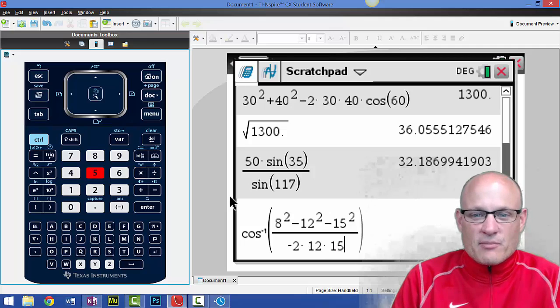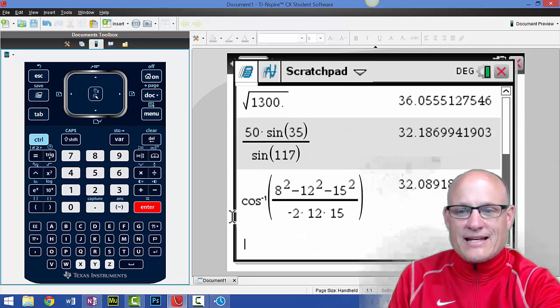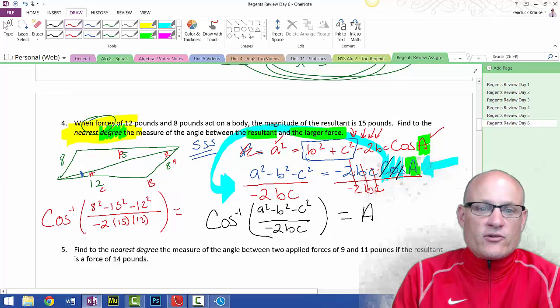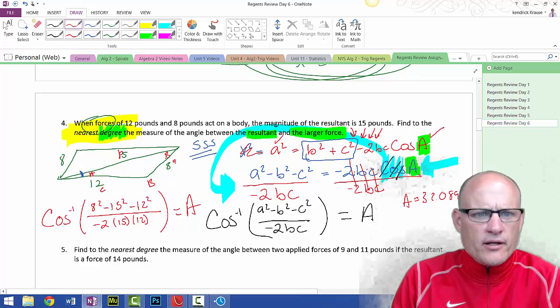I think I got that right. Maybe the order's a little bit different, but it doesn't matter as long as the 8 squared's first. I hit enter. 32.0891. So this is A. A is equal to 32.0891. Rounded to the nearest degree, A is equal to 32 degrees.